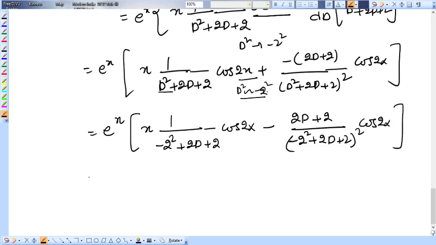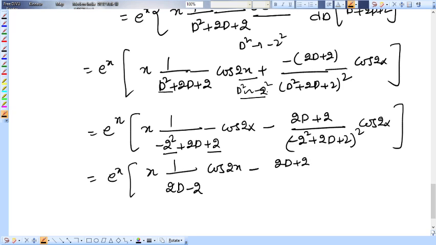So now e^x times x over (2D minus 2) cos 2x, minus (2D plus 2) over (2D minus 2) whole square cos 2x.